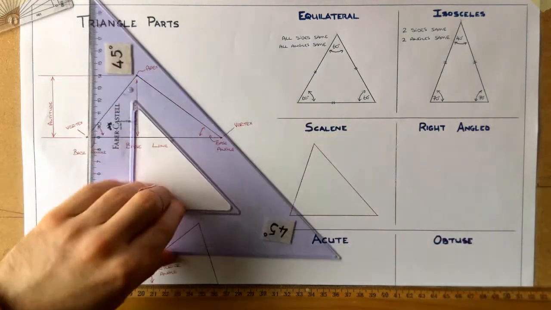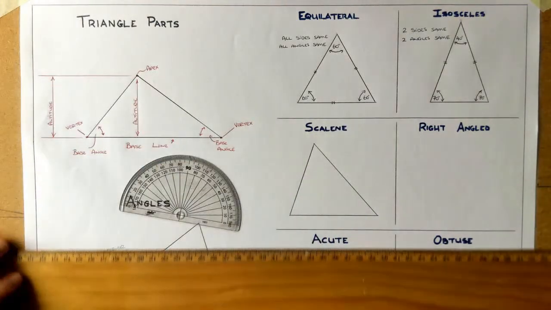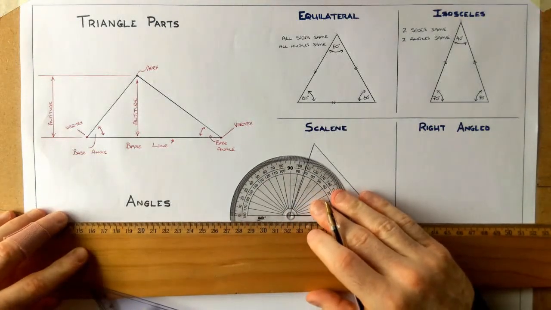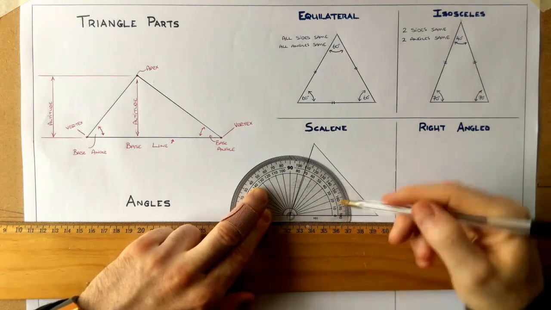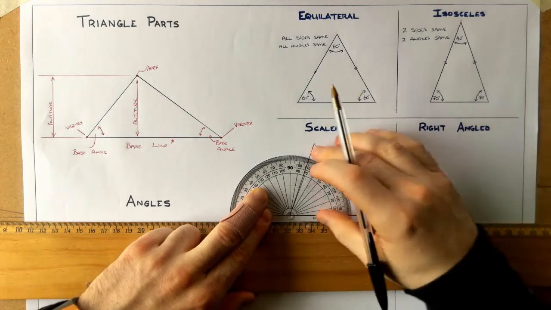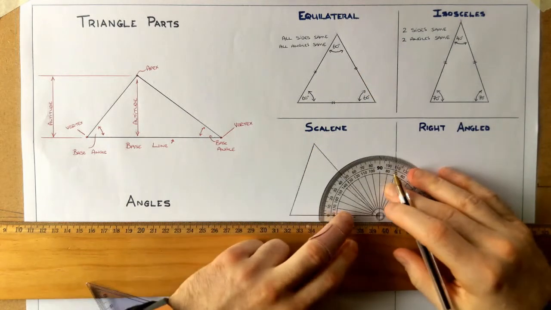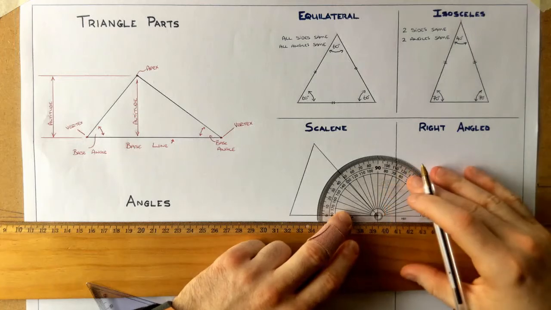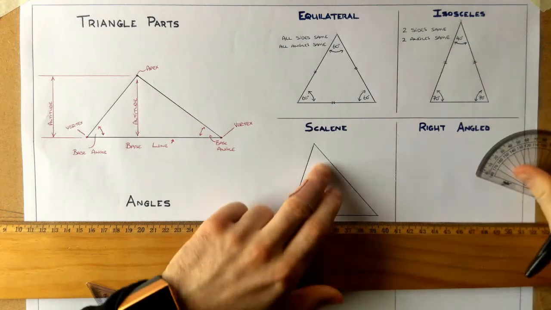Don't know what angles they are. Doesn't matter. Okay. If I was to measure that with my protractor, I can probably work it out. I'll just see what this one is. This one is telling me that it is about 70, 71.5. Okay. This one over here, reading the other way, is 48.5. And then obviously we'll be able to work out the last one.